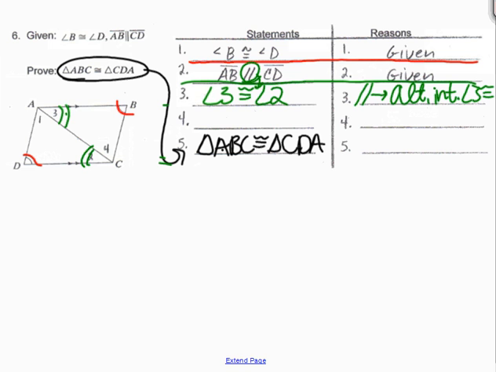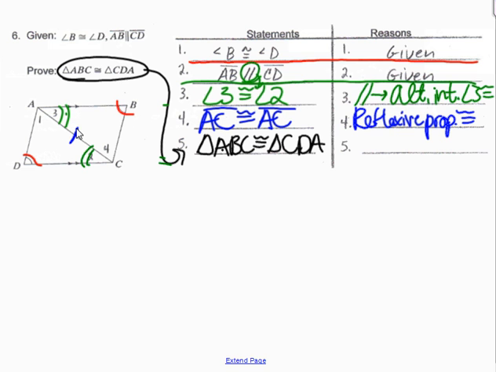So I erased the lines that I drew, just like how I would with my pencil, and redrew my markings. Now I need my fourth congruent part. Here's a go-to. I have that side they share. So I'm going to say AC is congruent to AC by the reflexive property of congruence. Now that I have my three congruent parts, I can now decide how my triangles are congruent.